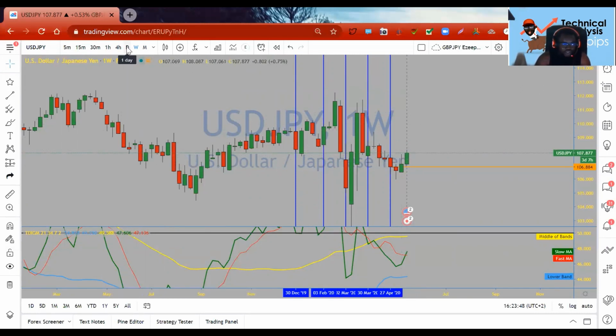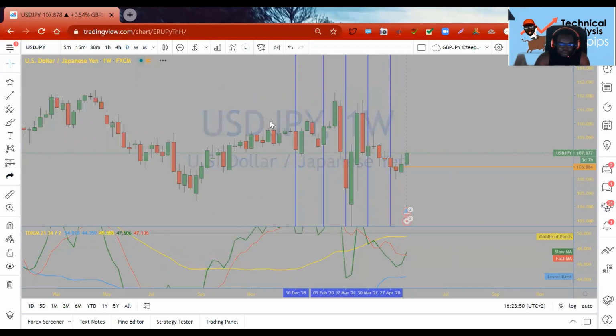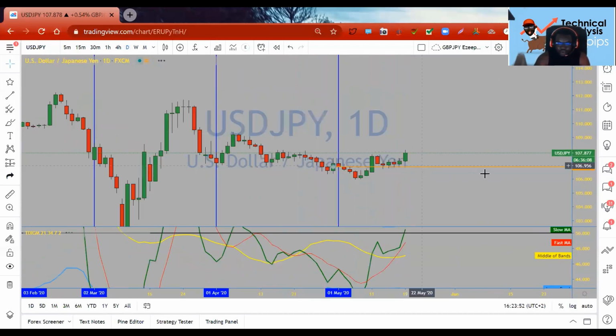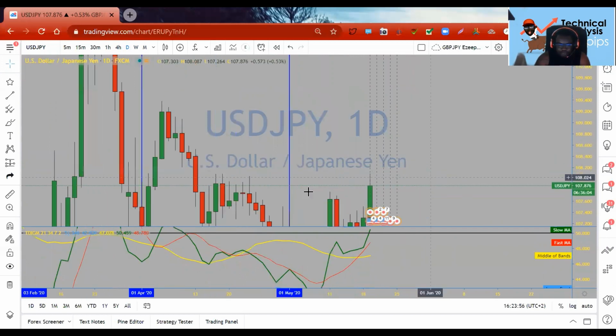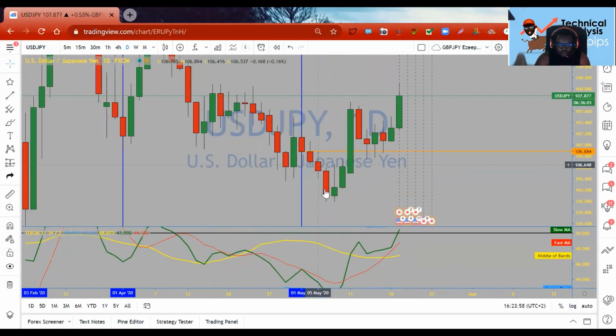So USDJPY structure is playing out. In a day, you would actually see it very, very nicely. Structure for this month for USDJPY is open low. Price went all the way up. We had a huge impulse move. Price went all the way above our open, came back down, rejected in line at the open.